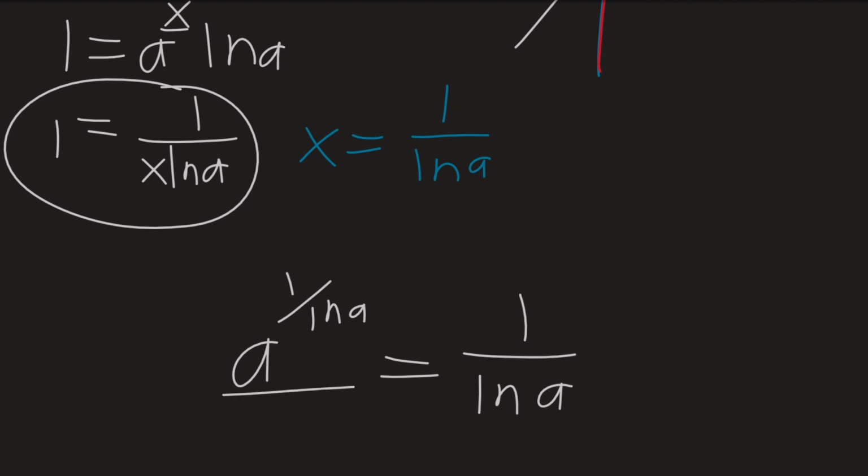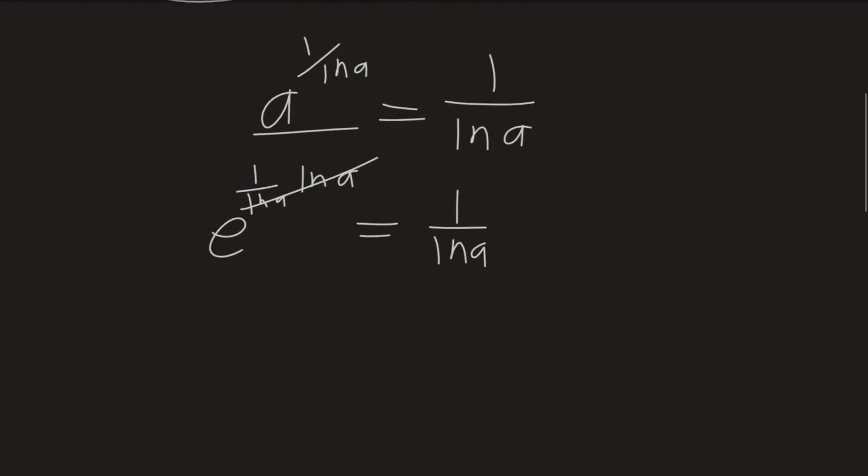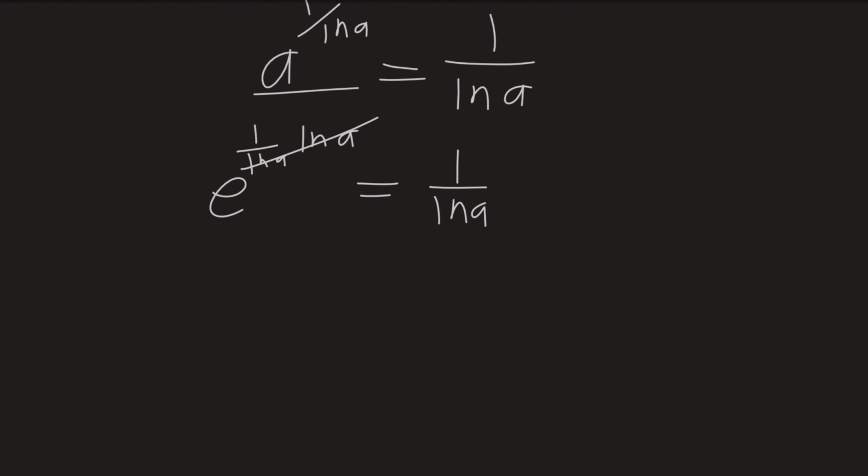If we rearrange, we get e to the 1 over natural log of a, times the natural log of a. If you take the natural log and then exponentiate it, these cancel, meaning we're just left with e is equal to 1 over the natural log of a. If we solve for a, the natural log of a is equal to 1 over e, meaning that a is just equal to e to the 1 over e, which is that approximately 1.44 number.